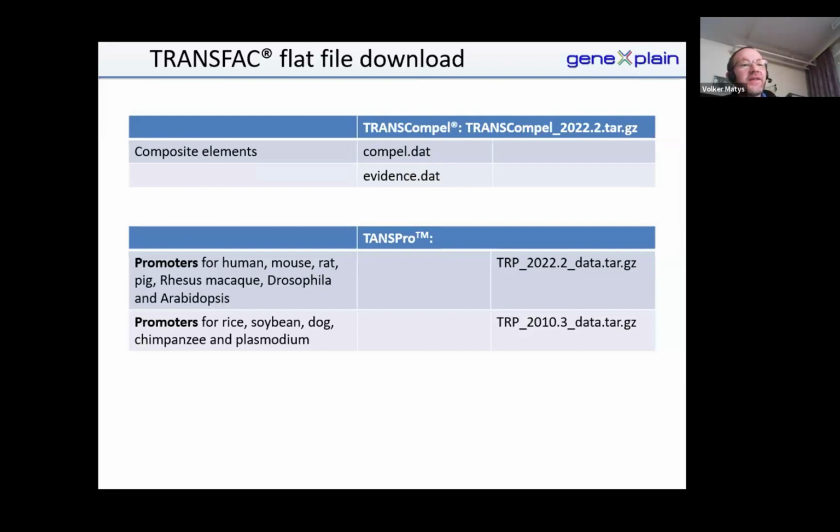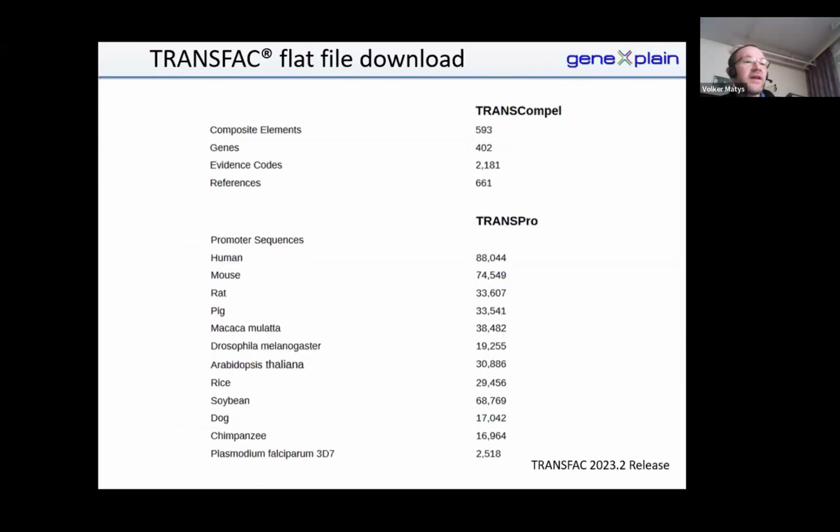So you have an overlap of which promoter sequences you can use. Either they are in the TRANSFAC interface or in the geneXplain platform interface. So there are some additional organisms which are not included here in the download.